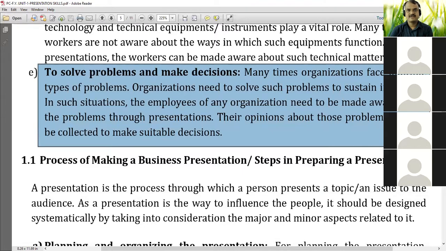37 is absent, 38, Present, sir. हाँ 39, 37 present.